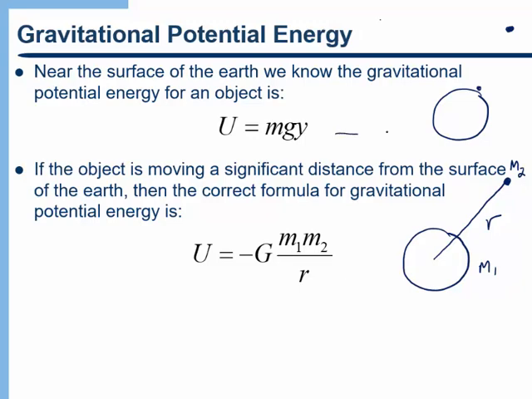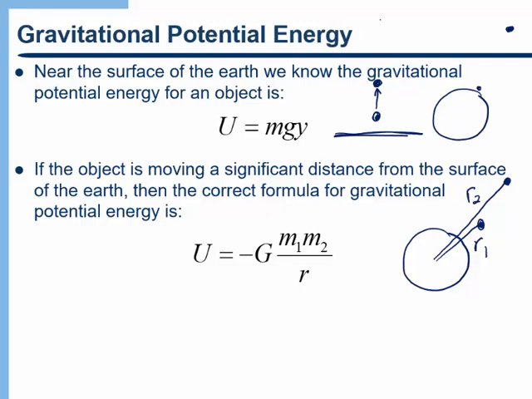We know that near the surface of the Earth, if I take an object and I move it from here to here, that object gained gravitational potential energy. So in the same way, if I take an object and I move it from, let's say, this position r1 to this position r2, it should also gain gravitational potential energy.